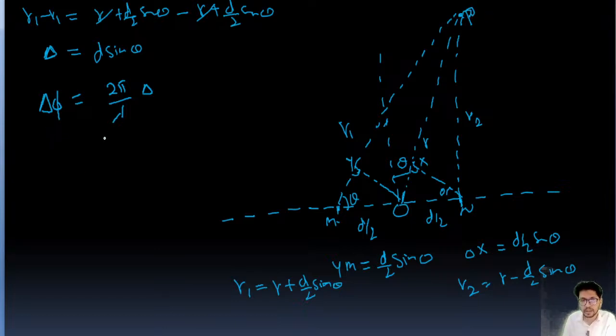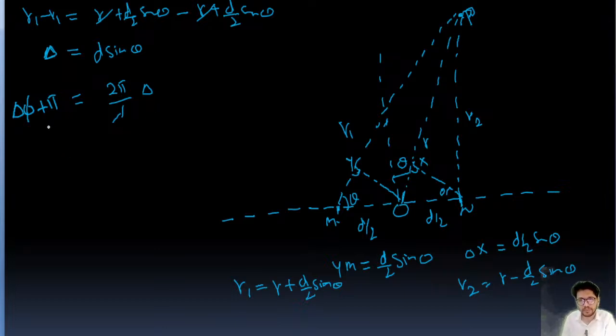Since the dipoles are in opposite directions, the initial phase difference is pi. So this value is going to be delta phi plus pi, and this value is 2 pi by lambda into delta.